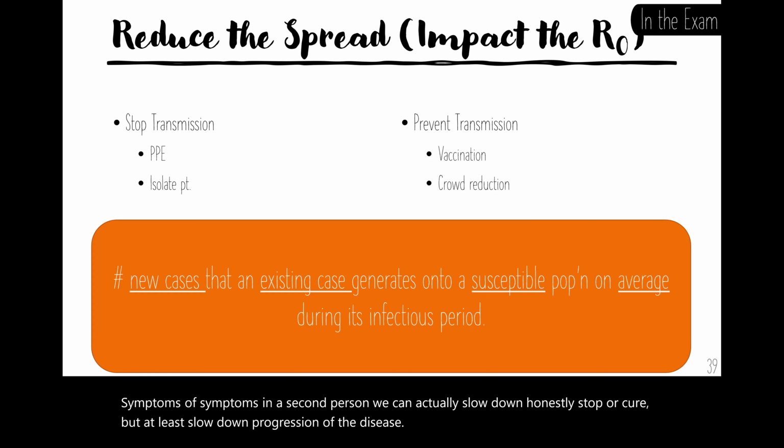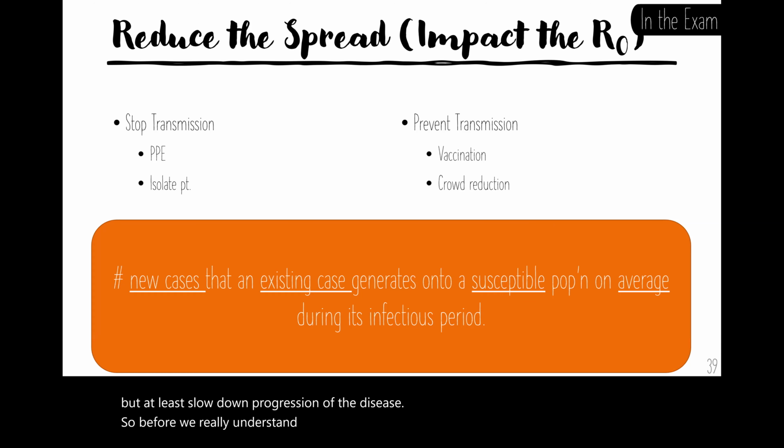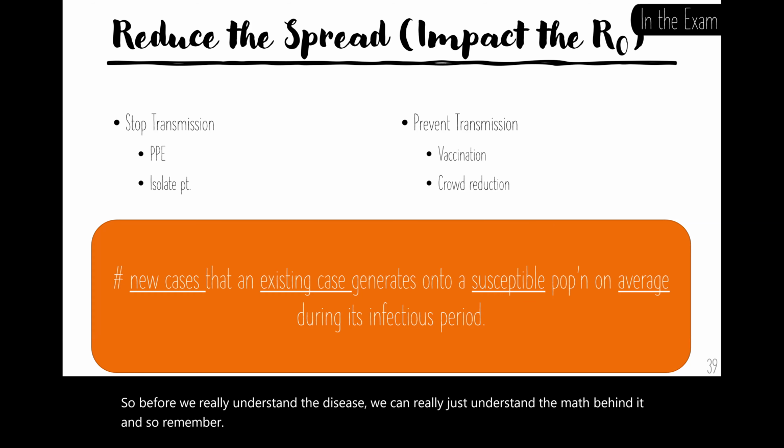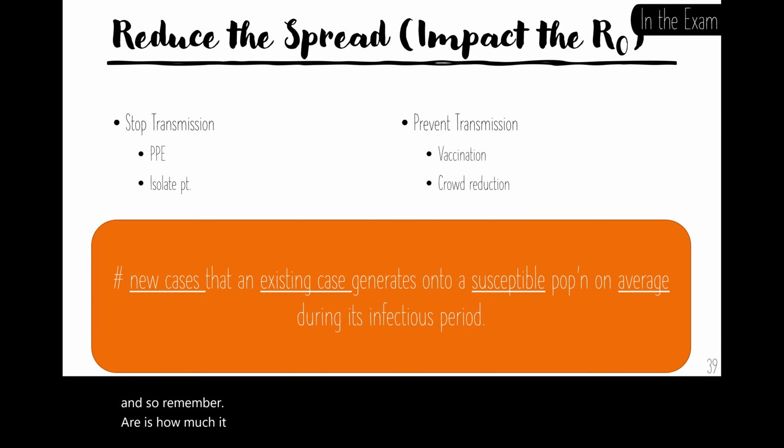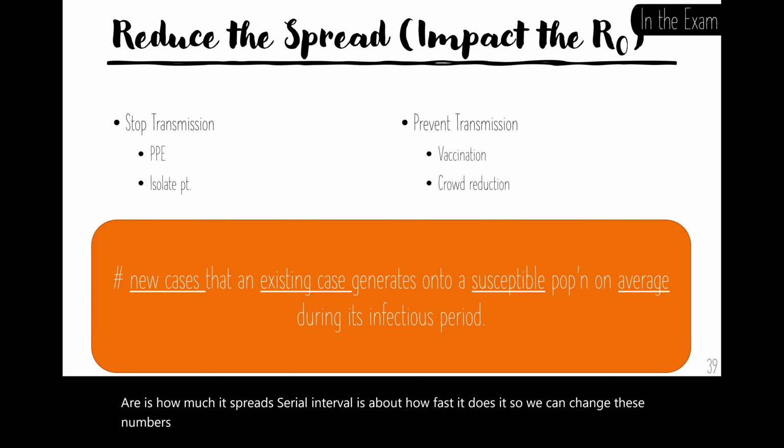So before we really understand the disease, we can really just understand the math behind it. And so remember, R naught is how much it spreads. Serial interval is about how fast it does it. So we can change these numbers by something called an effective contact, or EC is the term we're going to use.